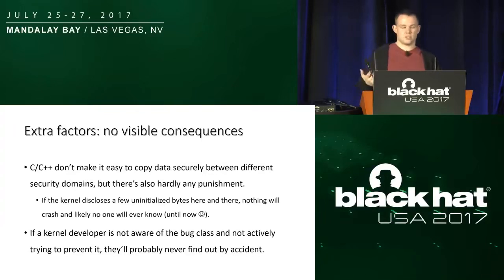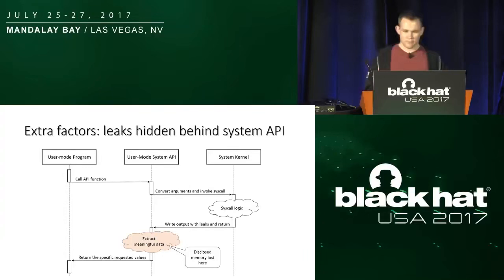Even if the kernel discloses a few uninitialized bytes in one syscall or another, nothing will really crash in most cases, and so no one will discover this bug. As a result, if a kernel developer is not aware of this bug class, and they are not trying to actively prevent it, they will probably never find out, because the code doesn't crash or stop working. So it's a very silent type of bug.